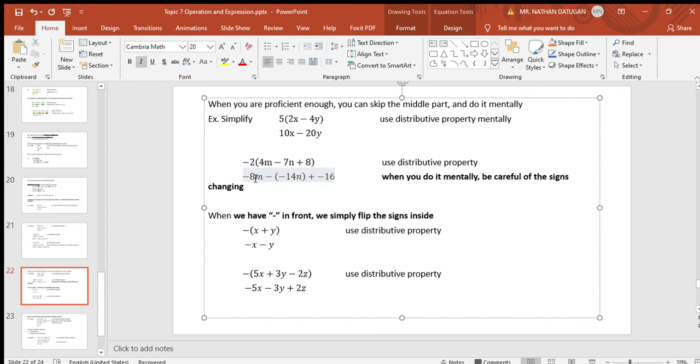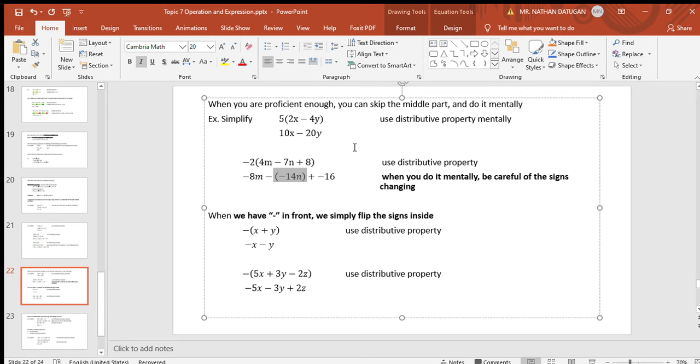So here's some more. This one's a way I changed it a bit so you guys don't get confused. Negative 2 times 4m will give you negative 8m. Again, you copy the operation down, and then you multiply negative 2 by 7n. Negative 2 times 7n will be negative 14n.